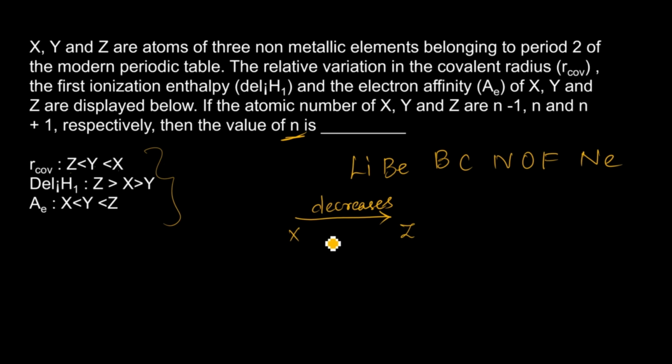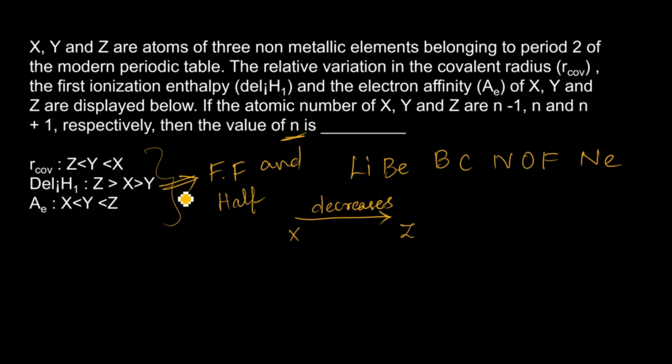Then they are talking about first ionization enthalpy. So for first ionization enthalpy you have to consider the fully filled and half filled orbitals as well, because from there the removal of an electron becomes tougher, more difficult. So in that case, you can see the order Z is greater than X and then Y. So there will be a difference.